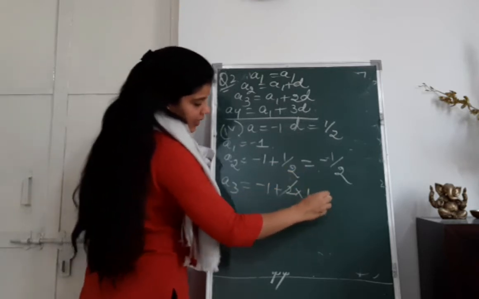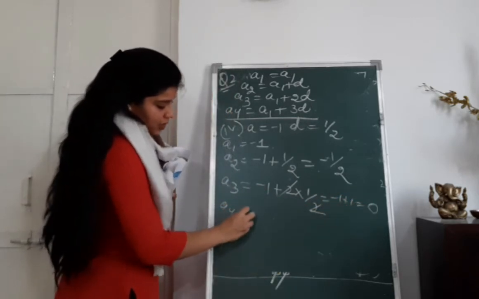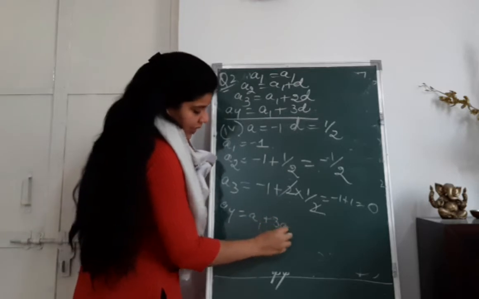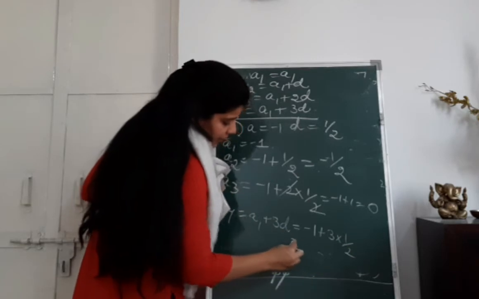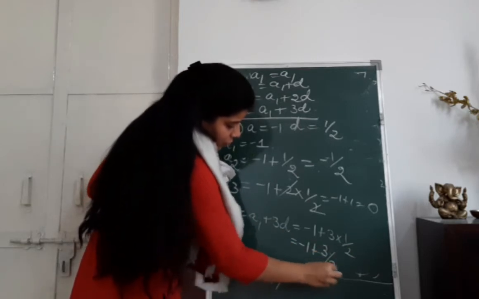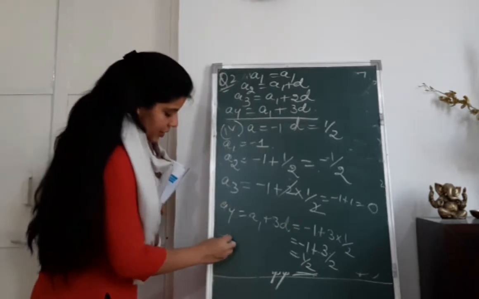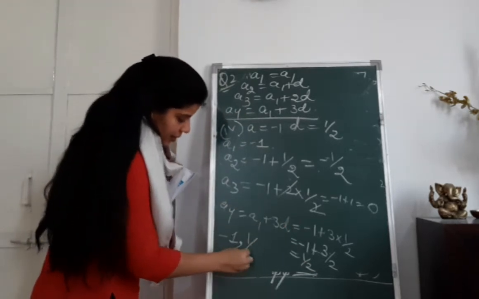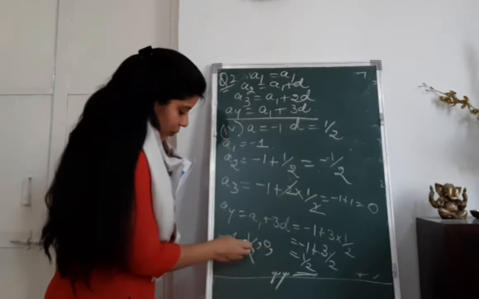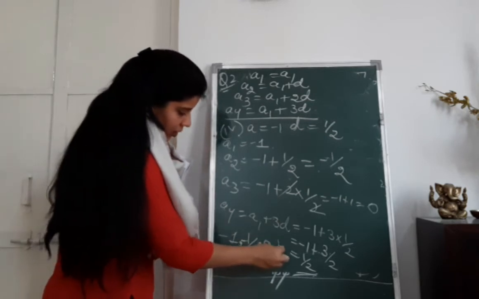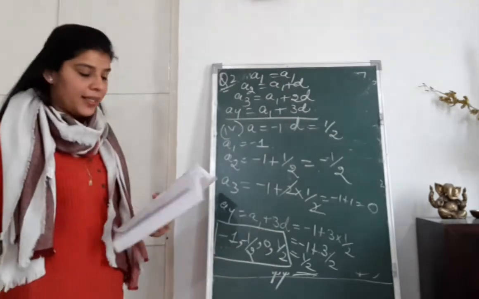So this and this cancel, which gives me minus 1 plus 1 is equal to 0. A4 is equal to A1 plus 3D, which gives me minus 1 plus 3 into 1 by 2, that is minus 1 plus 3 by 2, which is half. So we get minus 1, minus half, 0 and half. This is our answer for the fourth part.